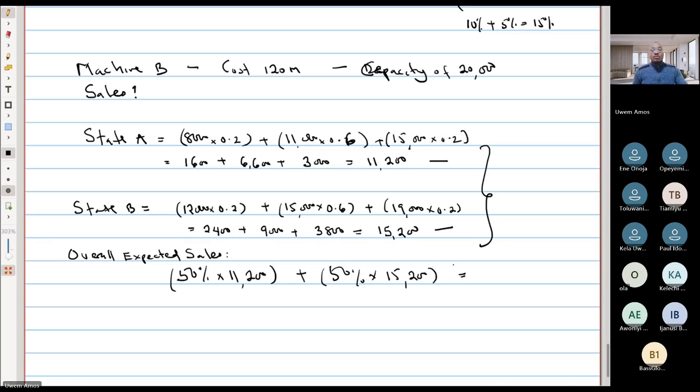So 11.2 by 50% gives us 5.6, plus our 15.2 multiplied by 0.5 gives us 7.6.